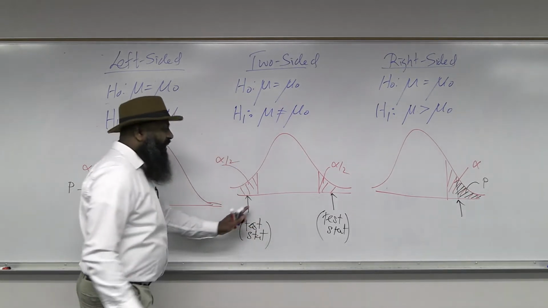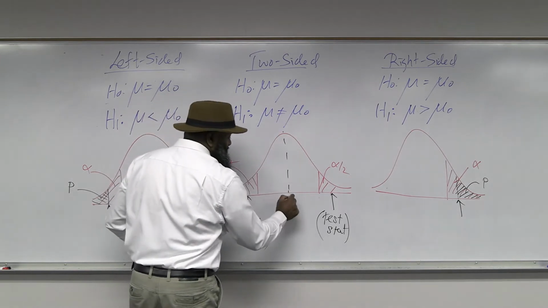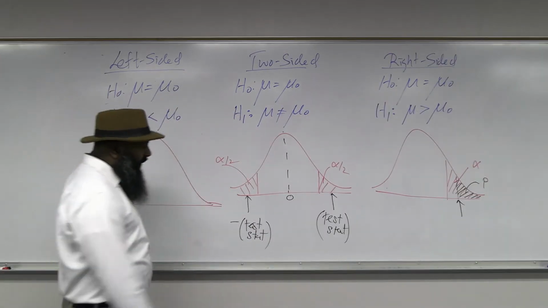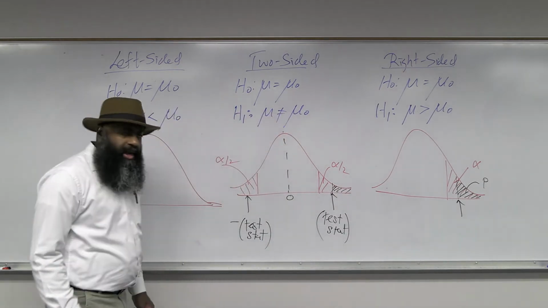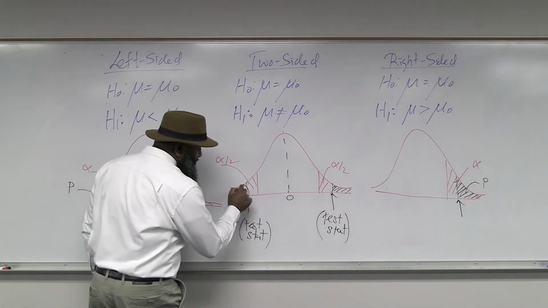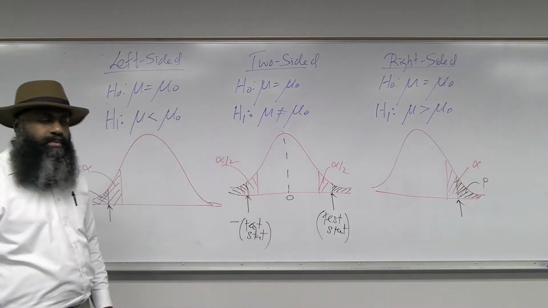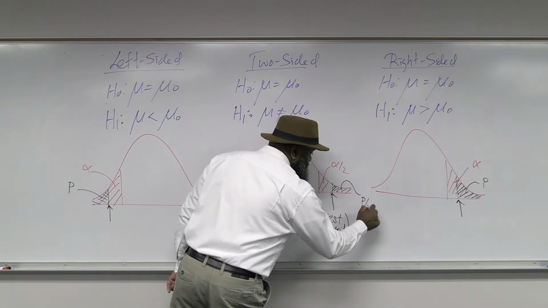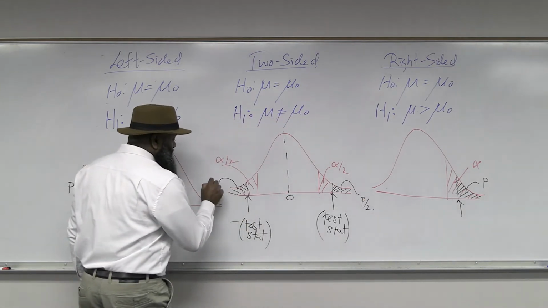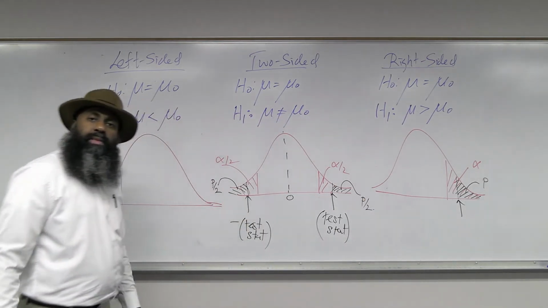And they should be symmetric because the z distribution is symmetric around 0. So area to the right from positive test statistic means this. Area to the left from negative test statistic means this. So on each tail, the shaded area should be half of p because of the symmetry. Okay.